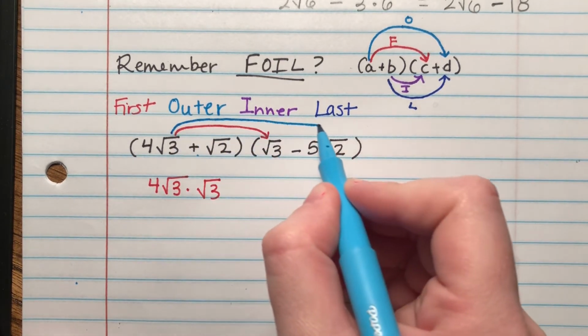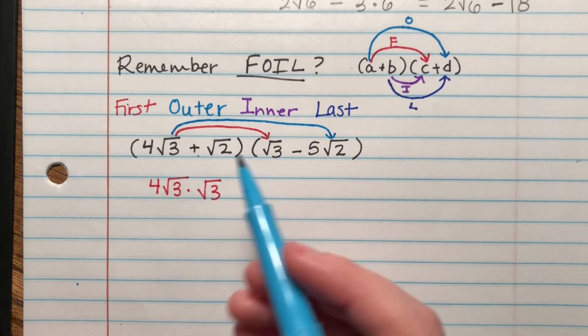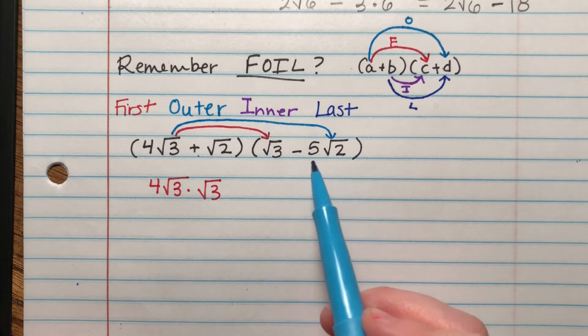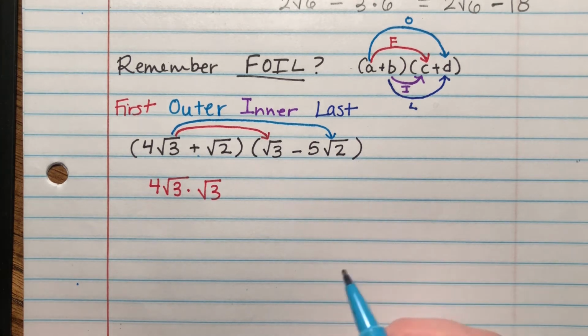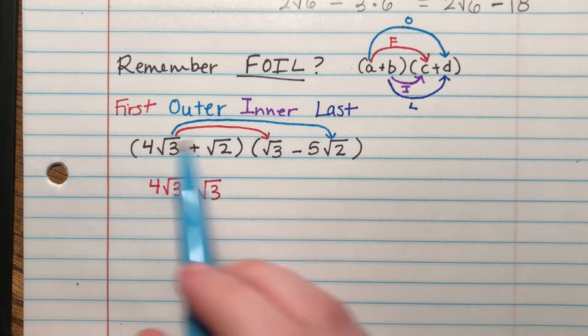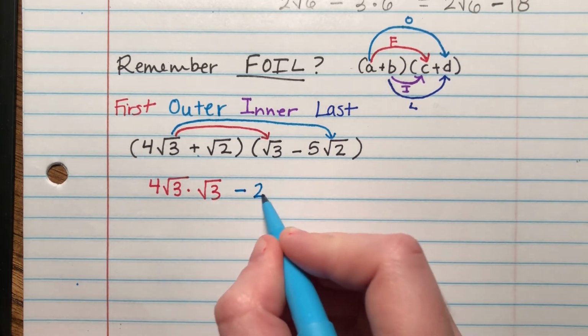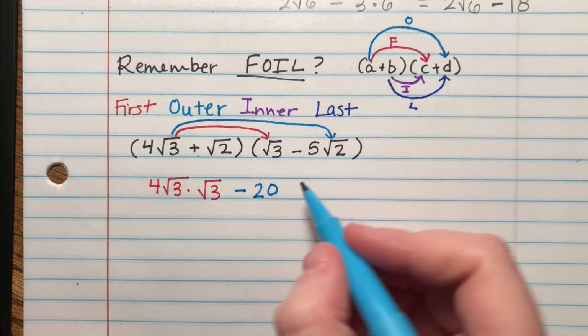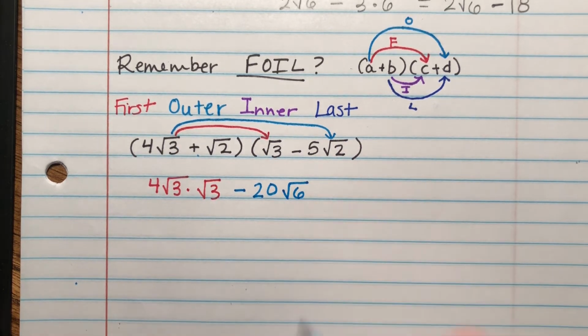So I have my outermost terms, 4 square root of 3 times my other outermost terms, negative 5 square root of 2. So I'm going to do coefficient times coefficient. 4 times negative 5 is going to give me negative 20. Square root of 3 times square root of 2 is going to give me square root of 6.